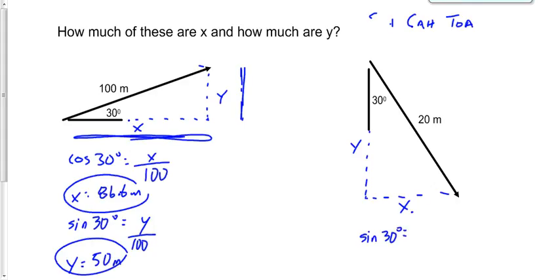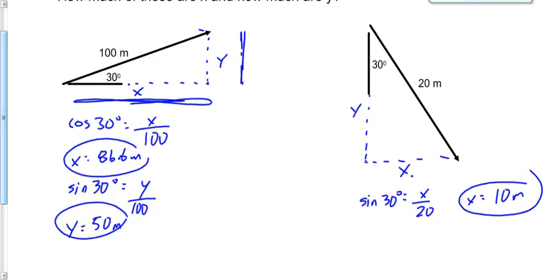The opposite is x this time. Let's say cos 30 degrees is equal to adjacent over hypotenuse, the adjacent side over the hypotenuse. Y ends up being equal to 17.32, I think.